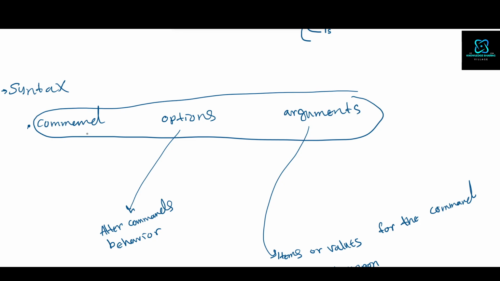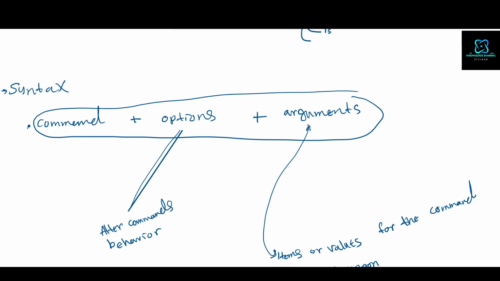First, you write the name of that command, then it has options and arguments. The option's job is to alter the behavior of that command. We will see this in practice in the next video. And the argument basically specifies what you want the command to act upon. The option's job is to alter the behavior of the command.